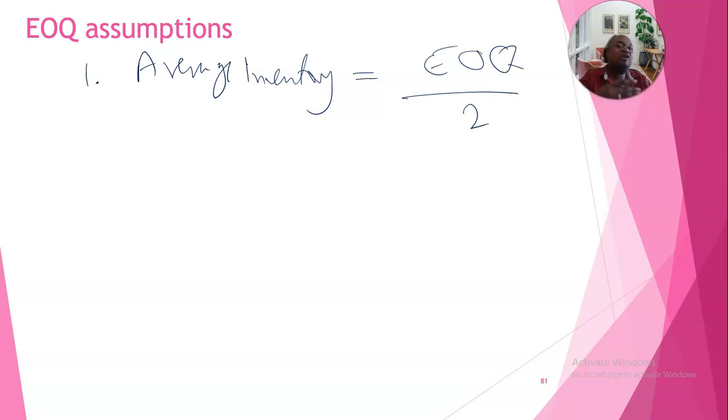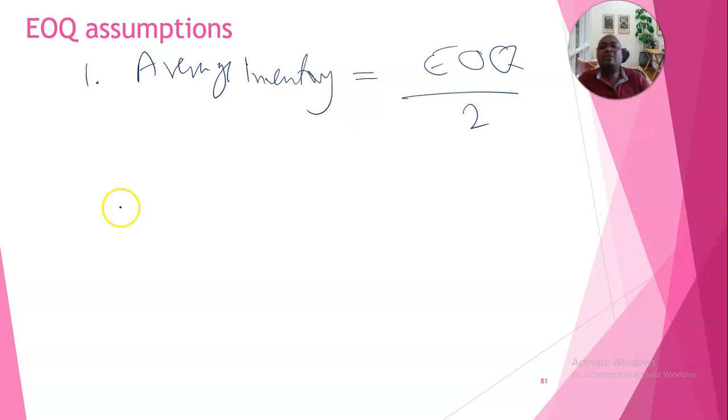However, when we are now using the EOQ, the assumption is that average inventory should be equal to the EOQ divided by 2. So this will help us when we are now computing the inventory costs in the EOQ context.